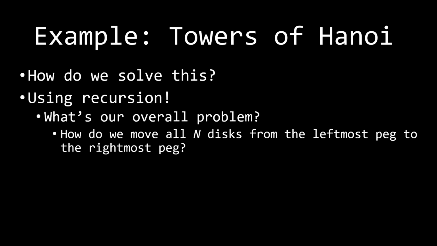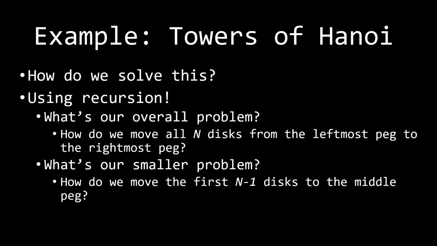Once you've understood what problem you're trying to solve, you can ask yourself, what's our smaller problem? What is the smaller, intermediate problem that we're trying to solve? Just like in the factorial problem, what is the n minus 1 factorial? That'll help us solve the bigger problem. And so in this question, it's how do we move the first n minus 1 disks to the middle peg?